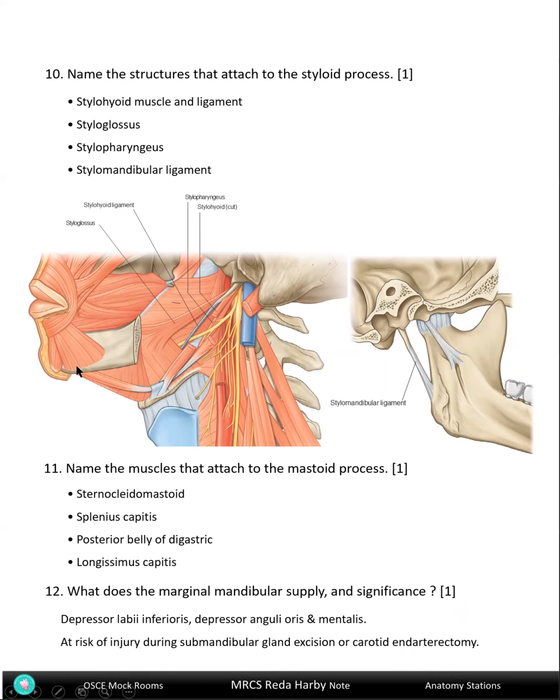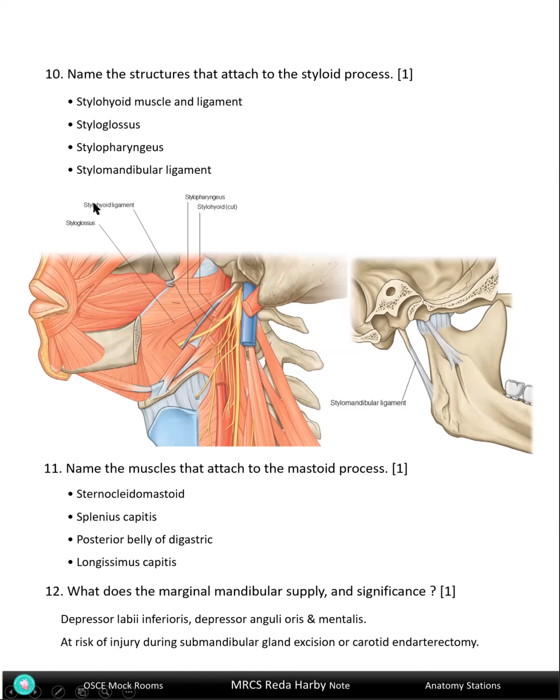So stylohyoid and styloglossus, stylopharyngeus, and 2 ligaments. Okay. So we have tongue, pharynx, and hyoid bone. So stylopharyngeus, stylohyoid, styloglossus, and 2 ligaments: stylohyoid ligament and stylomandibular ligament. This is the stylomandibular ligament. Okay. And this is the stylohyoid ligament.